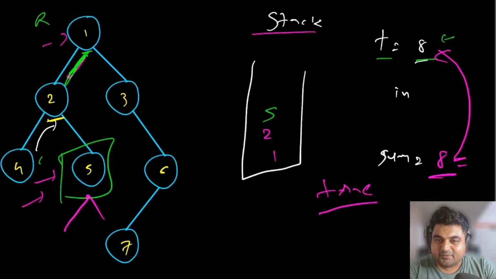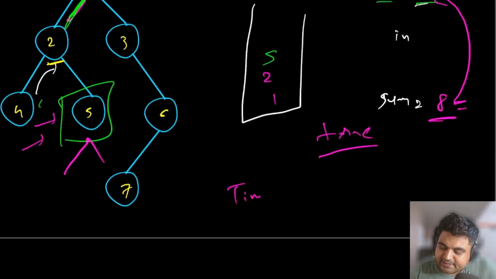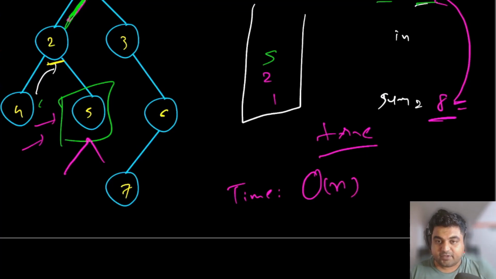Now using depth first search, you are able to solve this problem quite beautifully and quite efficiently. If we look at time complexity, it is directly correlated with the number of nodes present. So we can mark it as big O of n, because for DFS we don't need to do anything else. In terms of space complexity, because we are using an additional stack, we will have to mark it as space complexity.